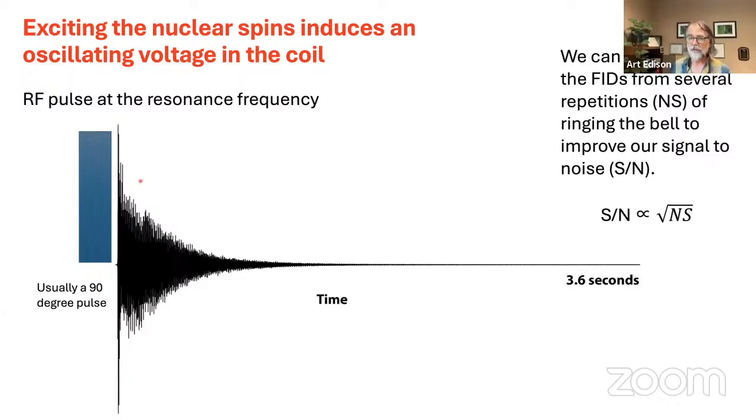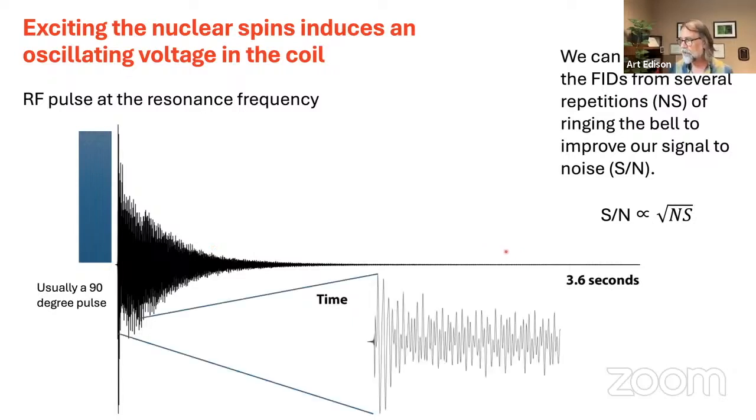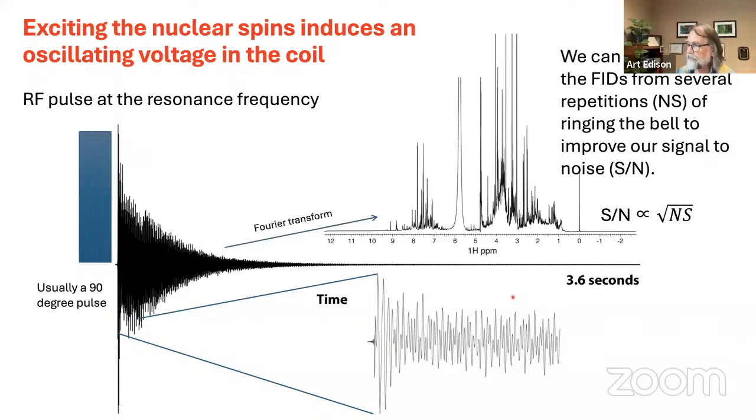At the right resonant frequency, we get this time response. This is a little blow up at the very start, and you can see a complicated series of sines and cosines all added together, but this is one recording, if you will.